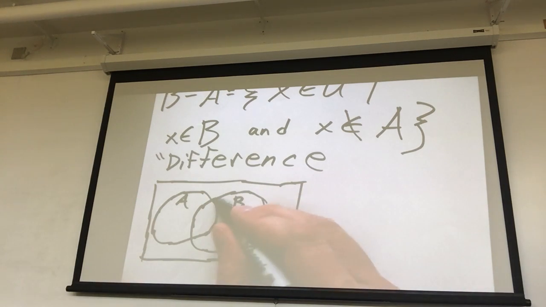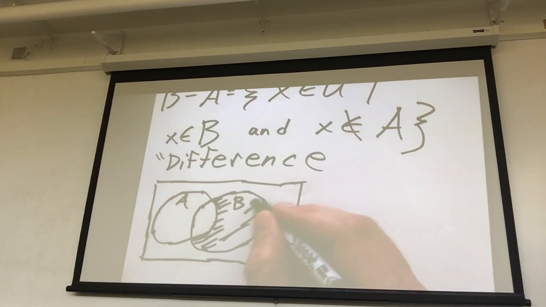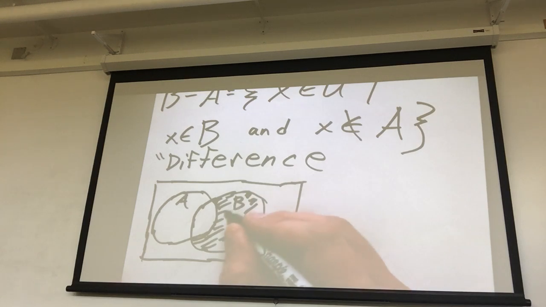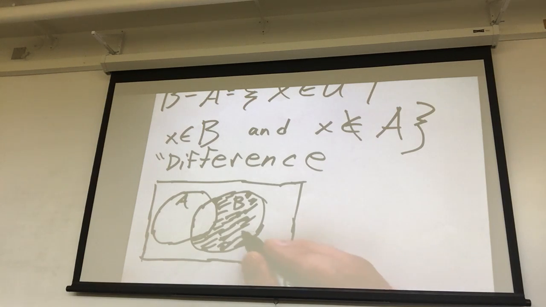Okay, so X has to exist within B, but not within A, so it doesn't exist within the intersection of this.